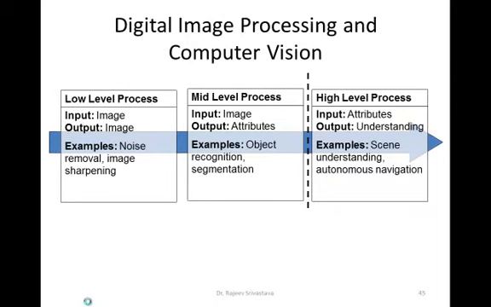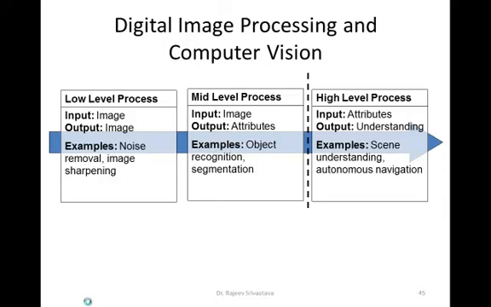Basically, there are three levels of processes: low level, mid level, and high level. In a low level process, input is an image and output is also an image. Examples include noise removal and image sharpening. In a mid level process, input is an image and output is attributes extracted from the image.